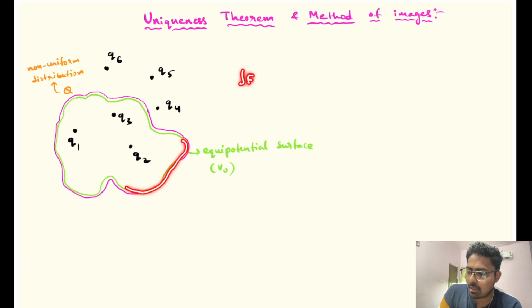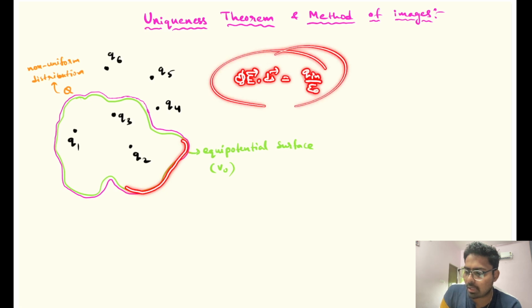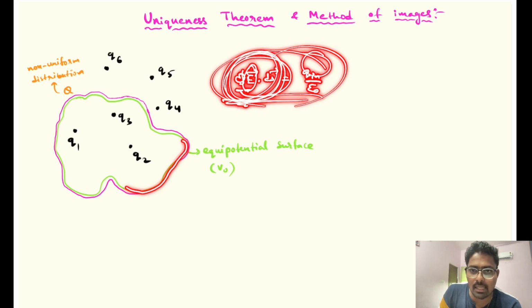So if I find the flux, closed integral of E dot dS, which is equal to Q enclosed by epsilon naught, we should get total flux 0, as the electric field everywhere inside the conductor is 0.